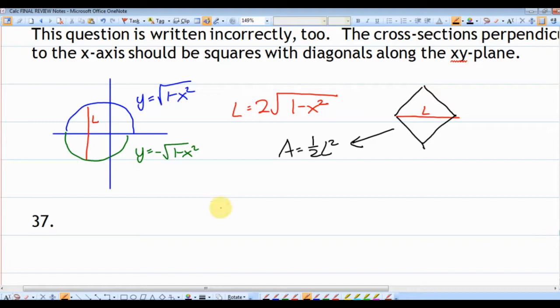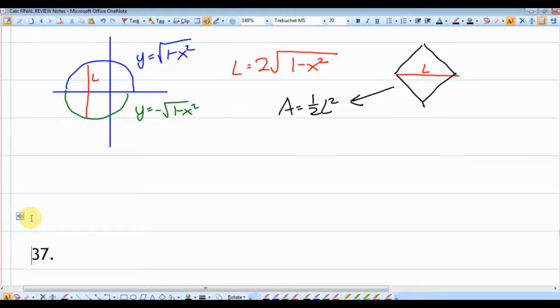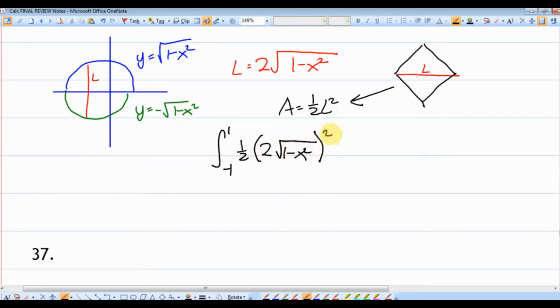So we're going to integrate from -1 to 1, of 1/2 of 2 root 1 minus x squared, squared, dx.